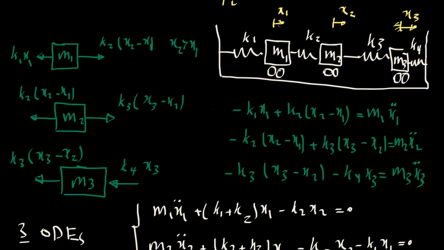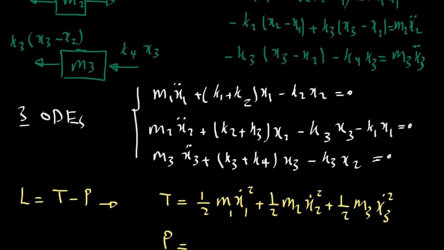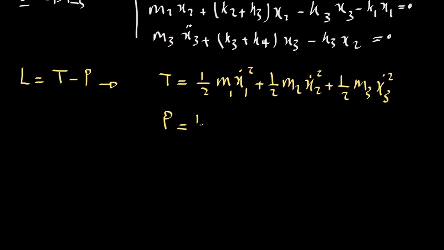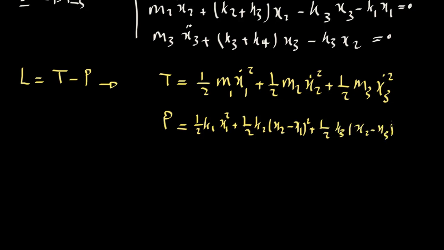If this one is going to the right by x1, and this one is going to the right by x2, the potential energy stored in this spring would be 1 over 2 k2 (x2 minus x1) squared, or (x1 minus x2) squared. Doesn't matter, because it is squared. Doesn't matter which one is larger than the other one. So the potential energy would be 1 over 2 k1 x1 squared plus 1 over 2 k2 (x2 minus x1) squared plus 1 over 2 k3, let's say (x2 minus x3) squared.